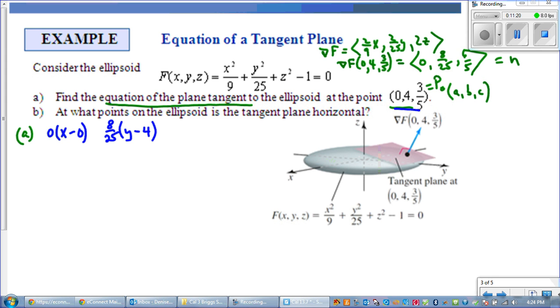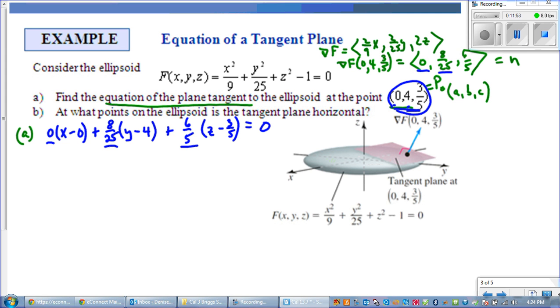So here's the point: x minus 0, y minus 4, and z minus 3/5. And then here's your normal vector, the next component of the normal vector, and then my last component of the normal vector. So put the normal vector components as the coefficients of x minus the point components, and that has to equal 0.